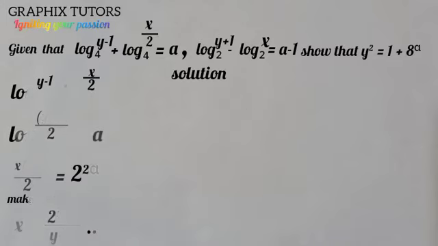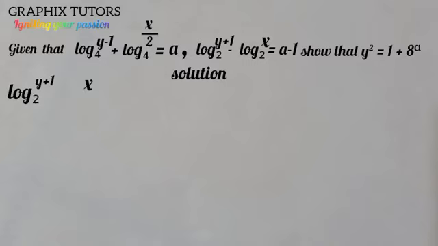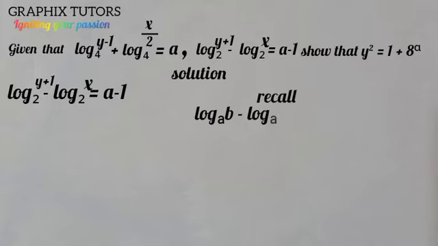Similarly, we apply that for the other expression there. So the other expression is telling us log (y plus 1) to base 2 minus log x to base 2 is equal to a minus 1. Recall, log b to base a minus log c to base a is equal to log b divided by c to base a.